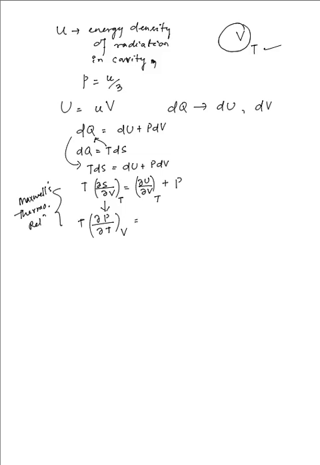So this is equal to del U by del V at constant temperature plus pressure. And with all of that available, we can just put the values that we had obtained here. Remember, P is equal to U by 3, so this is simply U divided by 3 del by del T of U by 3 at constant volume.